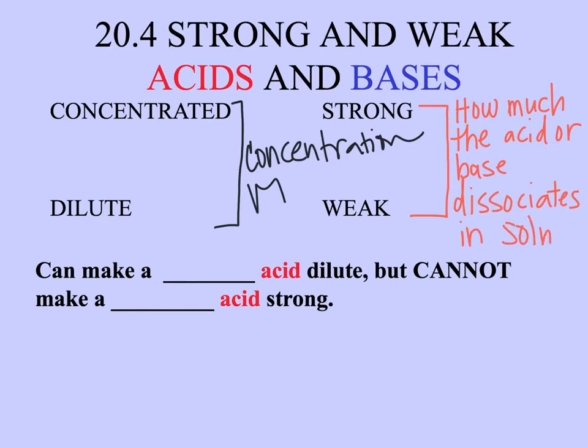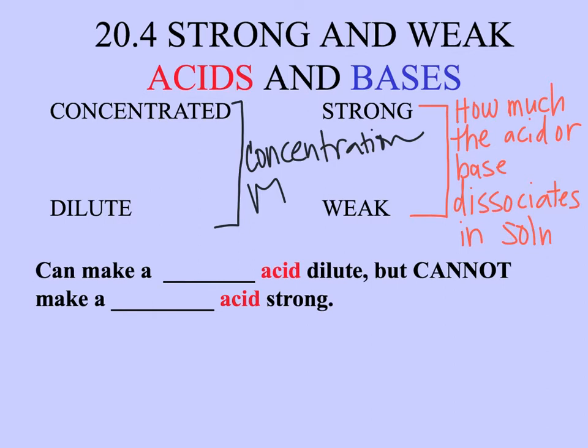Okay, SOLN is my abbreviation for solution. So how much the acid or base dissociates in solution. In other words, how much it separates into ions. That is what strong and weak is referring to: how much it will separate into ions when it is dissolved in water.